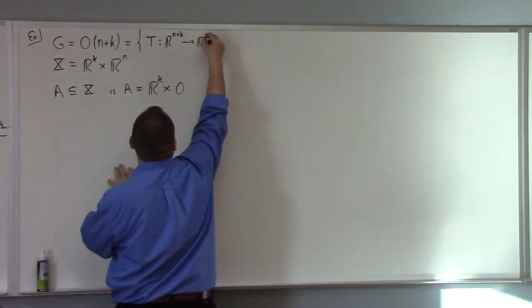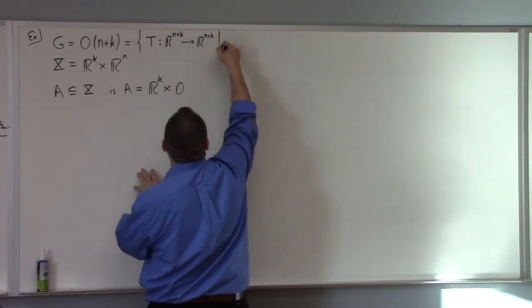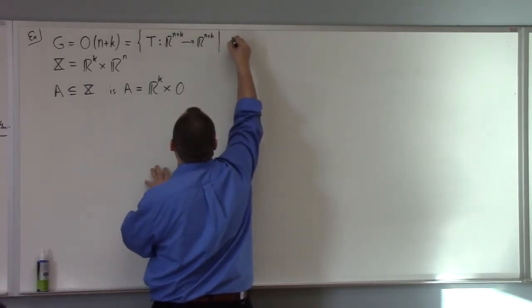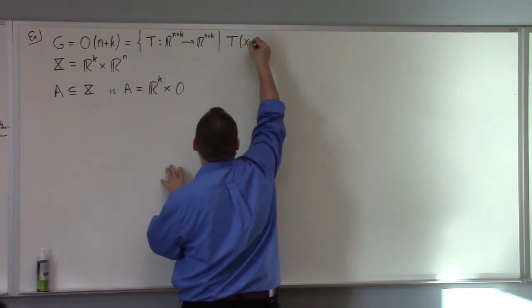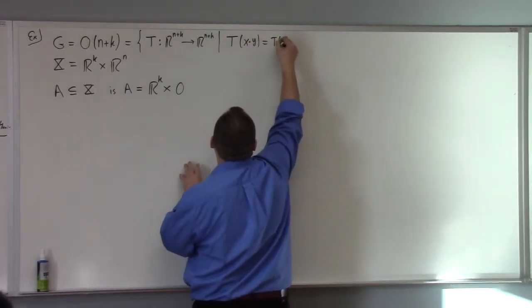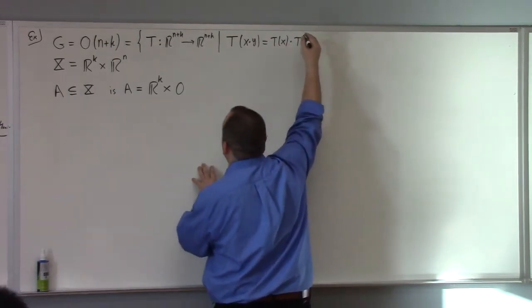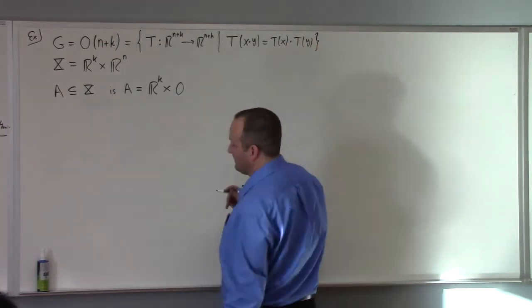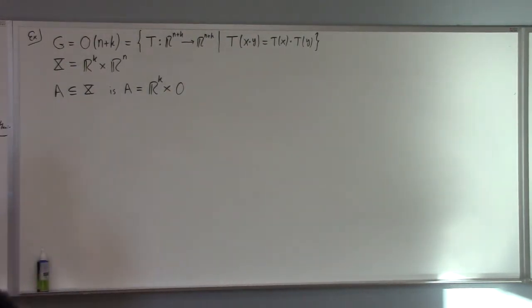What makes it such that what? Well, how about this: T of x dot y equals T of x dot T of y. Preserving Euclidean distance would be isometries, and that also allows affine transformations, the rigid motions.